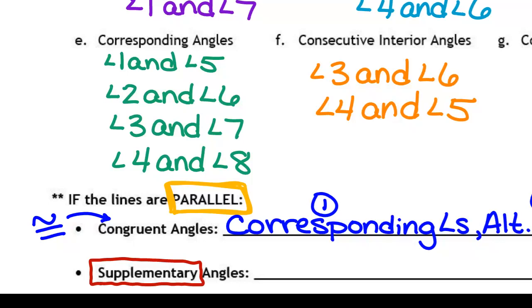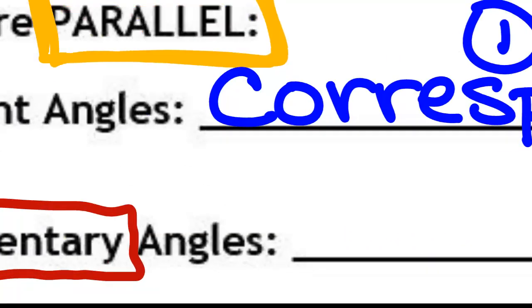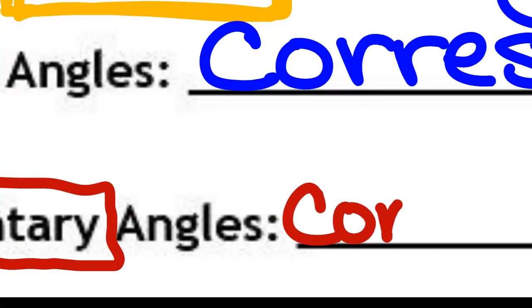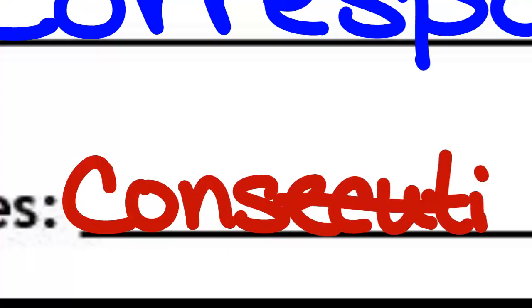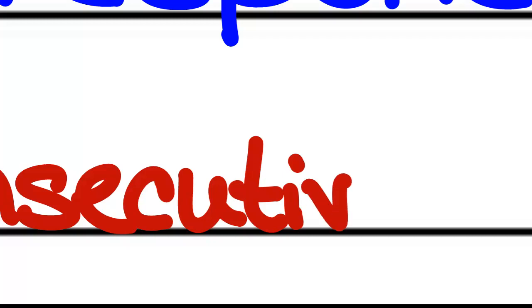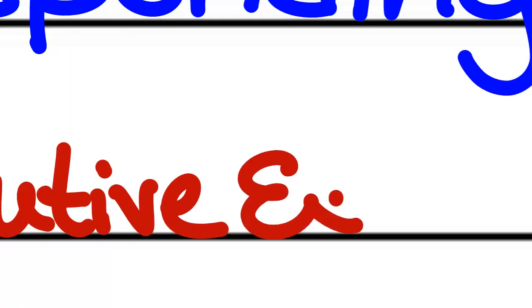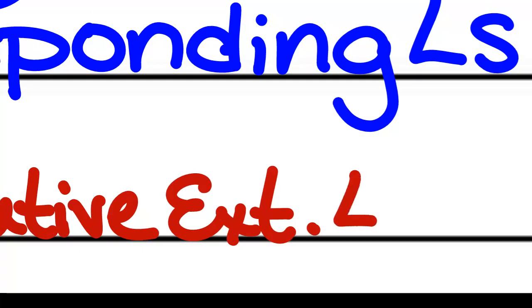Yep, what did we name that angle pair in the problem right above it? We said they were what type? Exterior. Consecutive exterior angles.